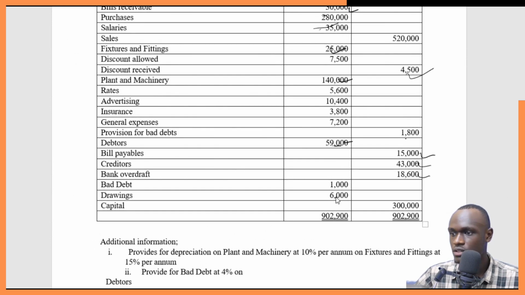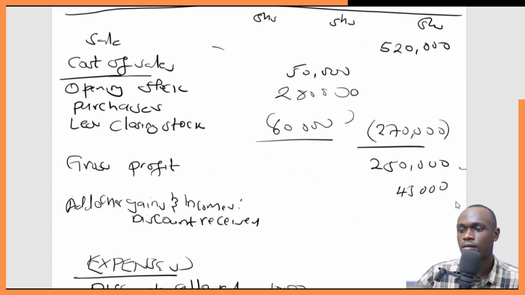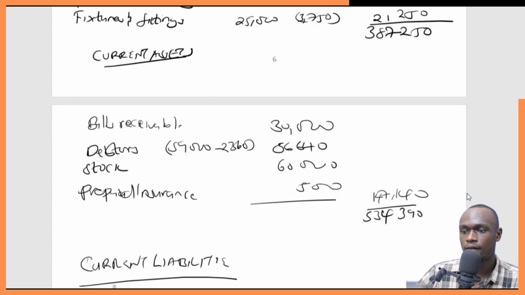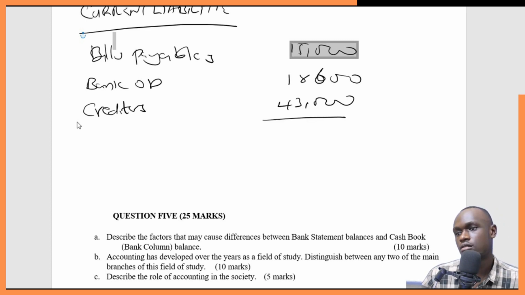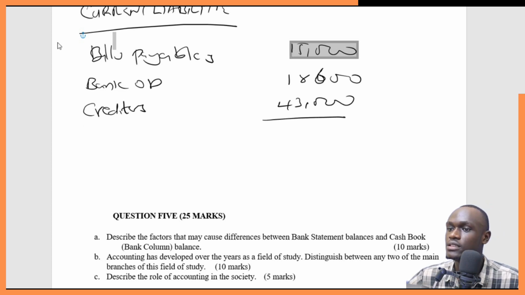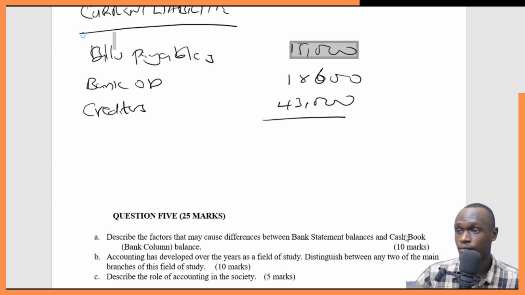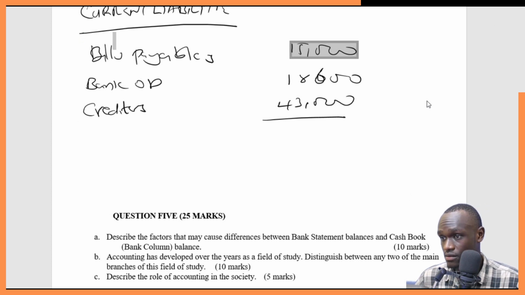Then creditors 43,000. Get the total: 15,000 plus 18,600 plus 43,000. It will give us 76,600.